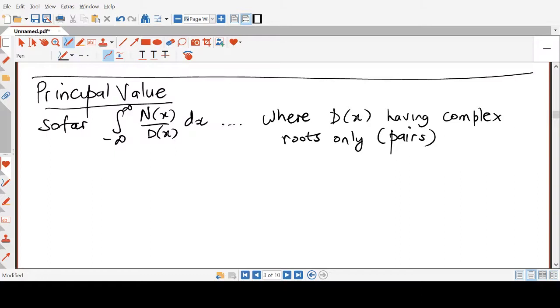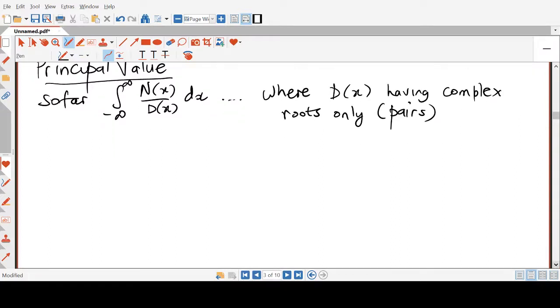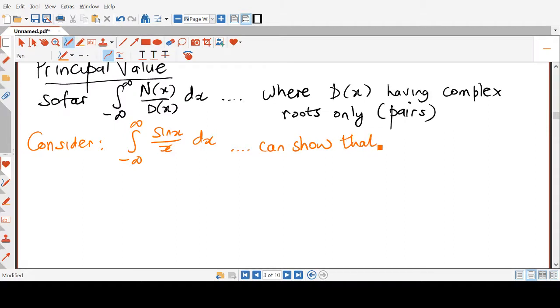So now, again, a bit of hand waving here to motivate this without having to go into details. If you just consider, let's take an integral like sine x over x dx, minus infinity to plus infinity. We can show, and we're not going to go into the details, that this converges, which means that you can find this integral.